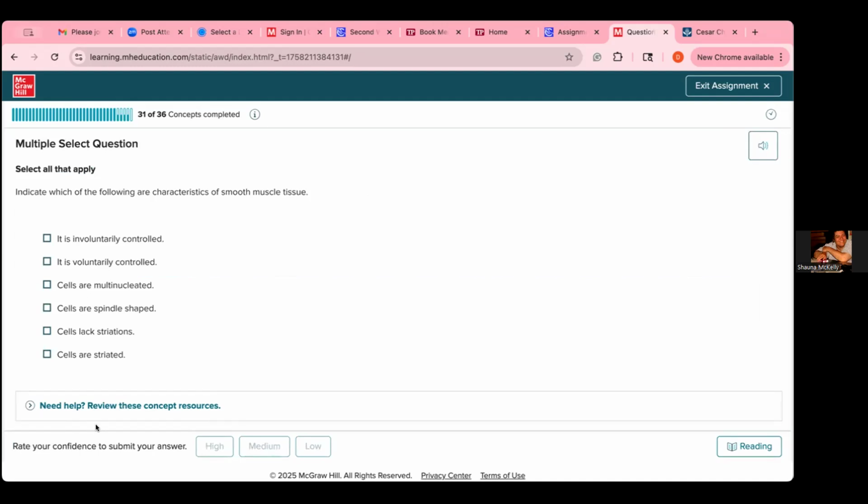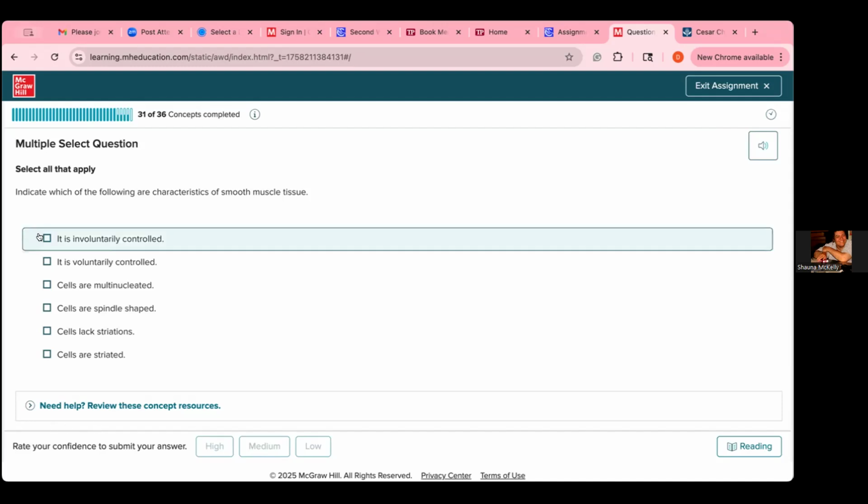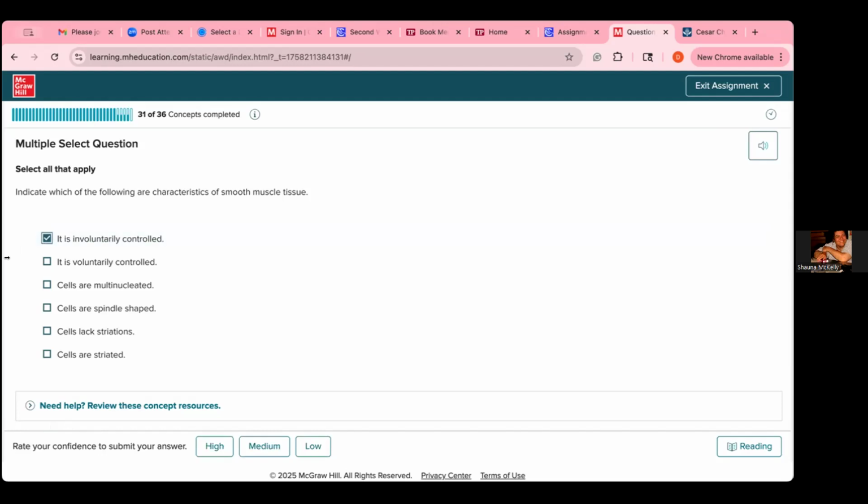Indicate which of the following are characteristics of smooth muscle tissue. Smooth muscle tissue is involuntary, so that's the first one. Okay, so it's not voluntary, so it's not that one. Cells are, hold on.